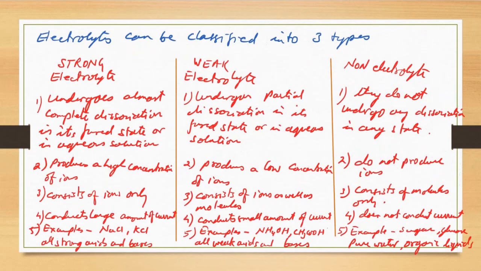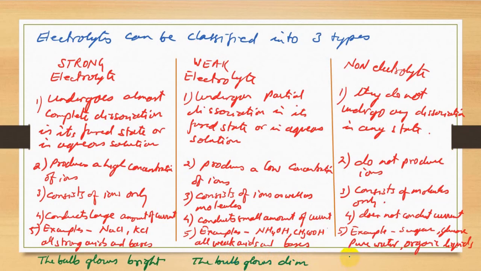Clear? So just by seeing the bulb, how can you identify? I'll just write it down here. The bulb glows bright. In the second case, the bulb glows but it is dim.